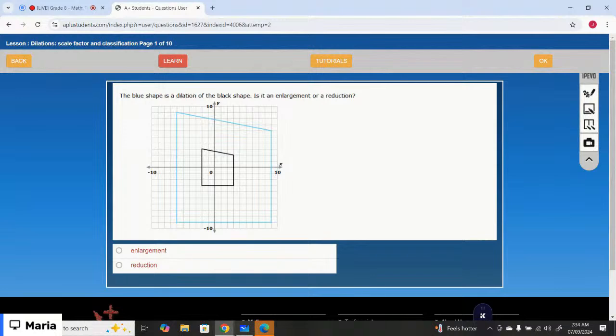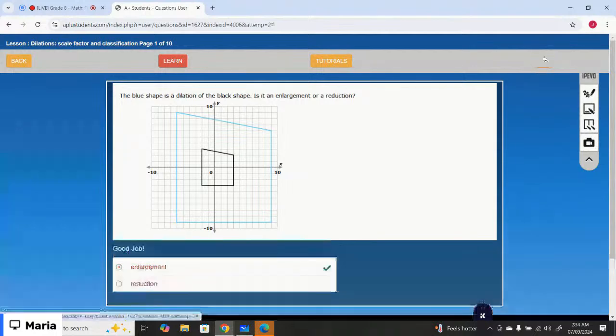The correct option is enlargement. It is right. That is the enlarged image.